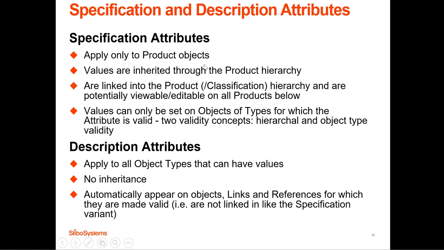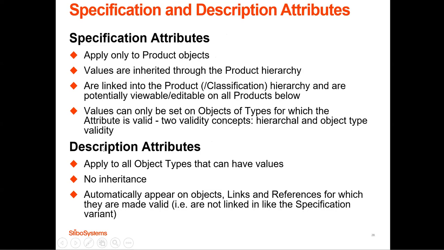So specification attributes apply only to product objects. Instead, we have so many objects that can be created: product, classifications, references, entities, data containers. So many objects can be created, but specification attributes can only be maintained on product objects.